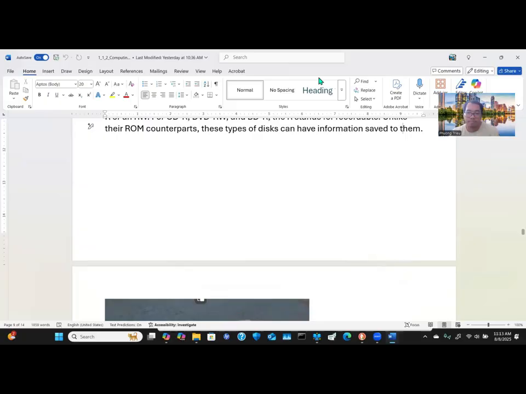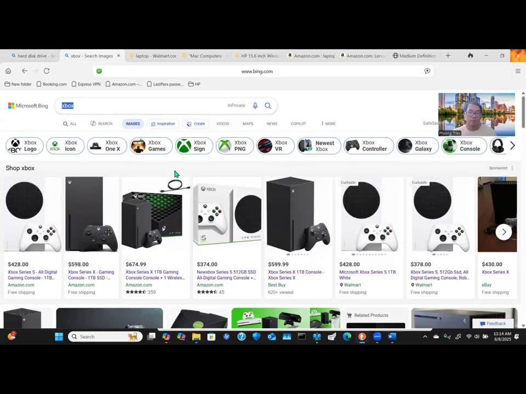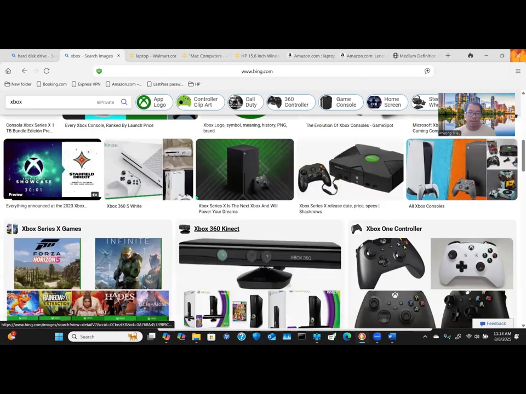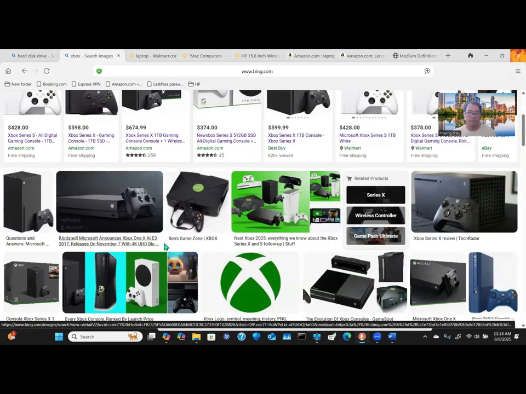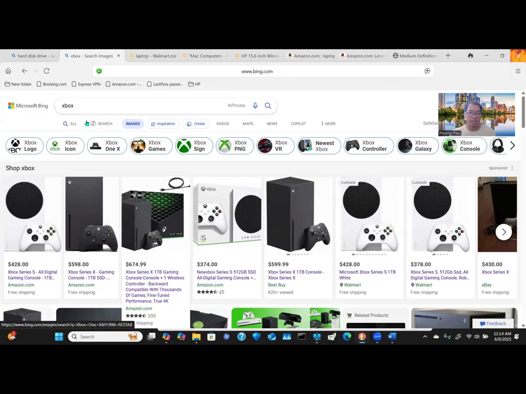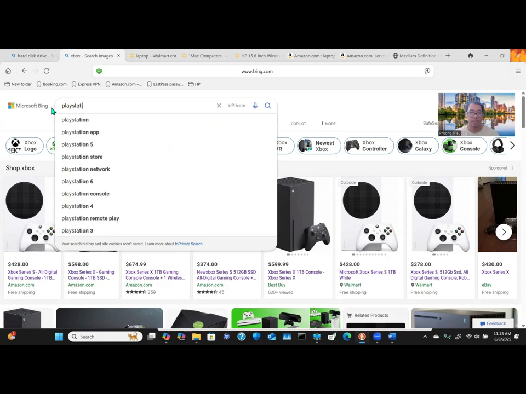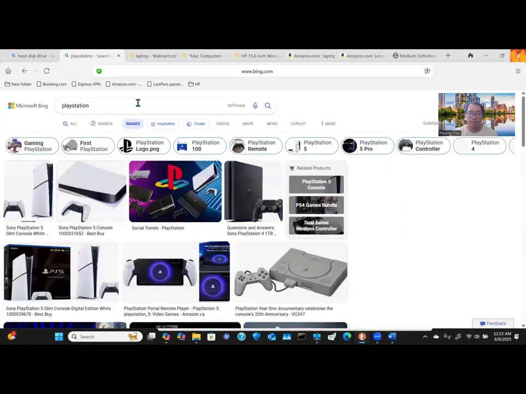So let's say you try to use a video game console. If you use Xbox, notice that this kind of console is using DVDs to play video games. Or if you use PlayStation, it's using DVDs to play video games. That's why DVDs, CDs, and even Blu-ray discs still exist these days, because they can be used for other purposes, right?